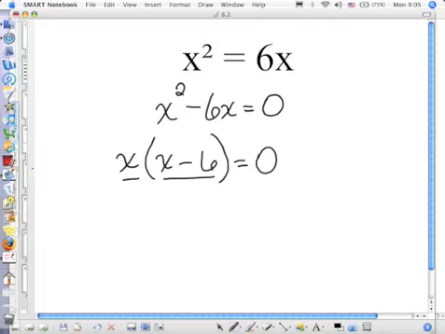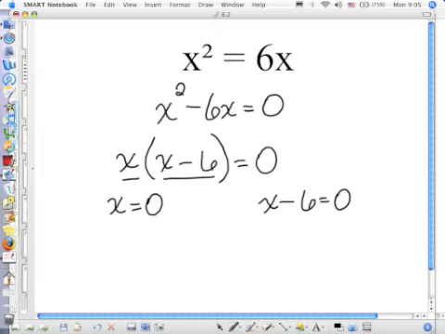Step 1 was set the whole thing equal to 0. Step 2 was factor. Step 3 is set each factor equal to 0 and solve for x.